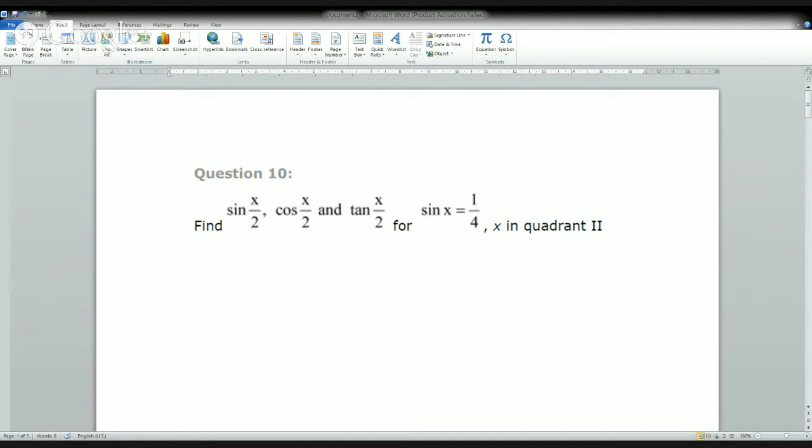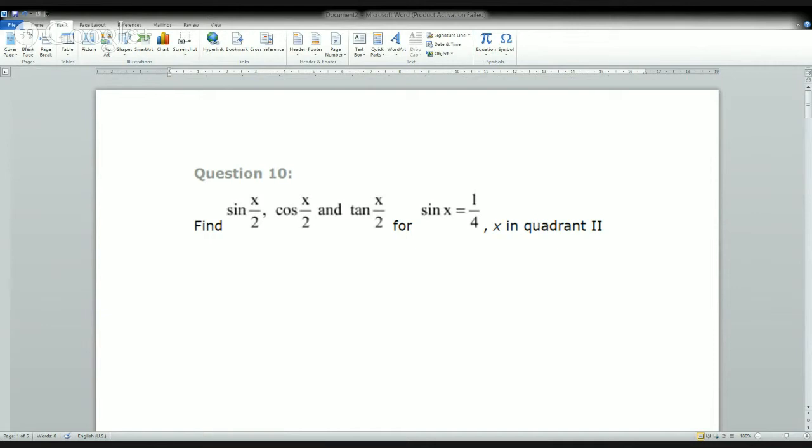So x by 2 is in the first quadrant. So all are positive. We have been asked to derive the values of sine x by 2, cos x by 2 and tan x by 2. Everything will be positive because x by 2 is in the first quadrant.